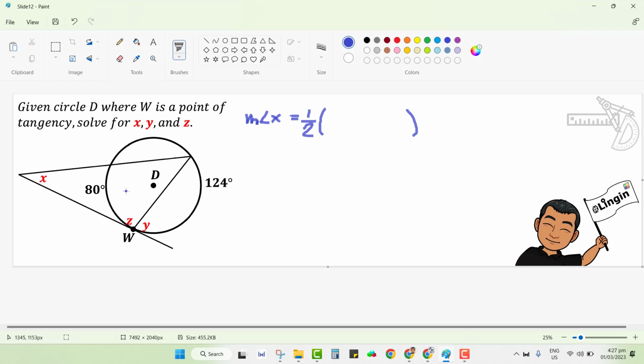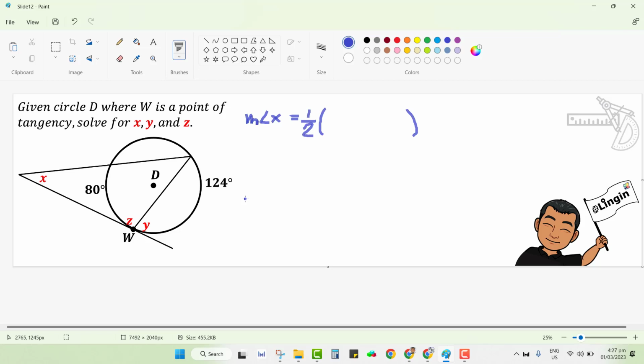That would mean the difference between the first intercepted arc, which measures 80 degrees, and the second intercepted arc from this point to that point, which measures 124 degrees.